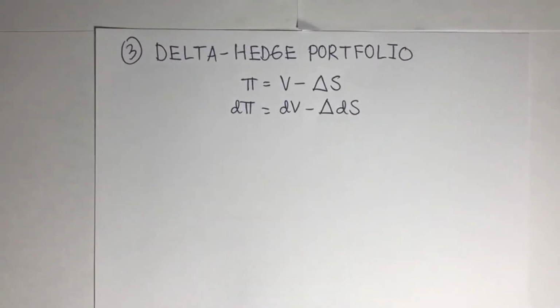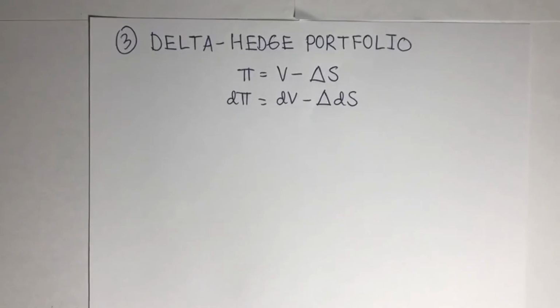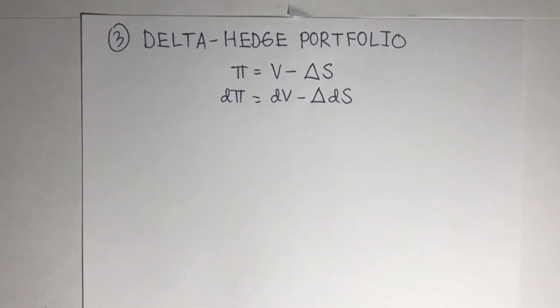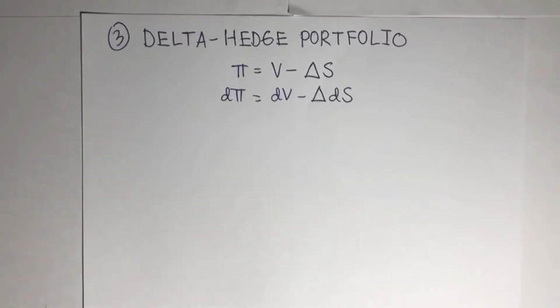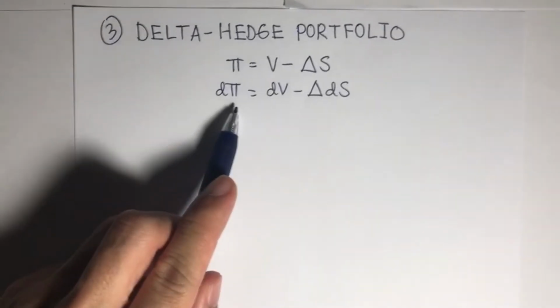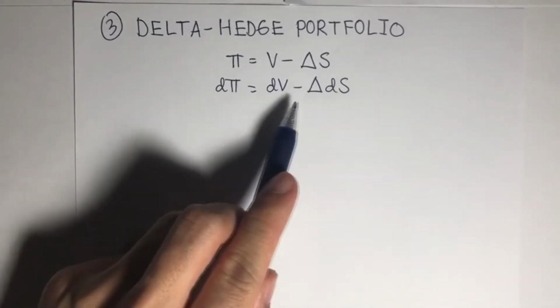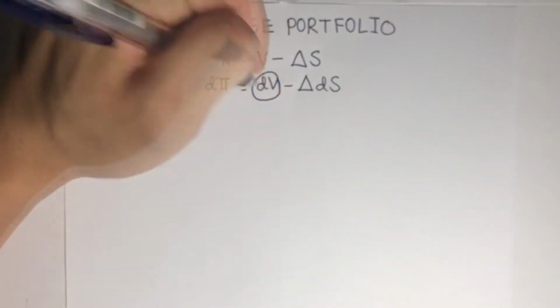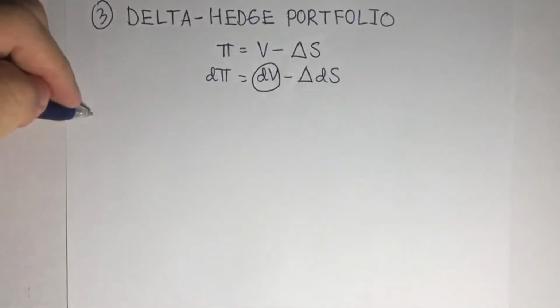Now, let's come to our delta hedge portfolio with the following equation. Since we want to know the change in value of the portfolio, we change the equation a little bit into d pi equals dV minus delta dS. And then we substitute Ito's lemma into dV.